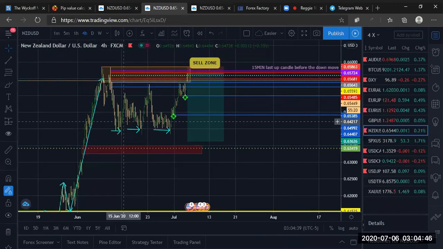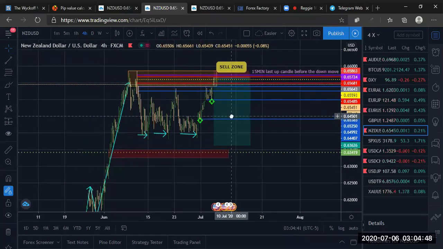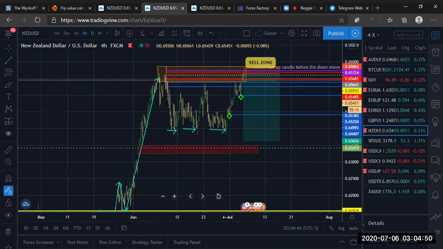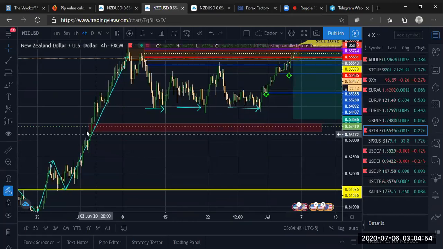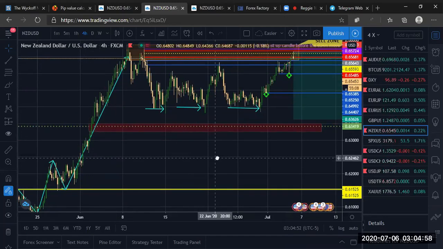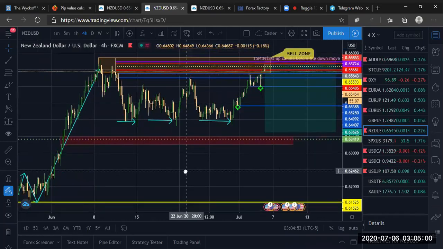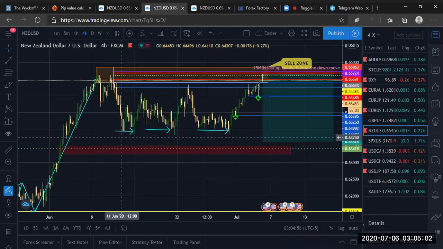On the 4 hour, we got imbalance over to the left. Again, imbalance is a gap. You see this gap right here. This green dotted line is a very strong level of support and resistance. You got support at the bottom, spike. Support at the bottom, spike.